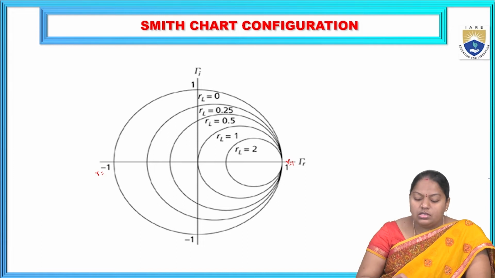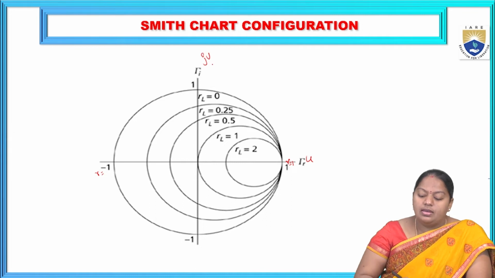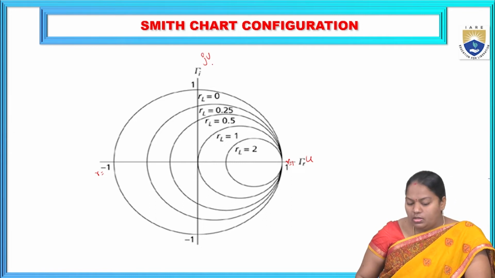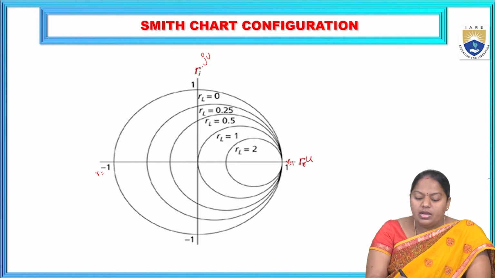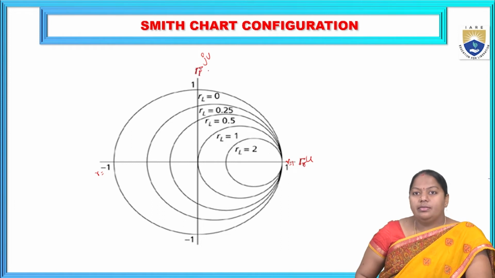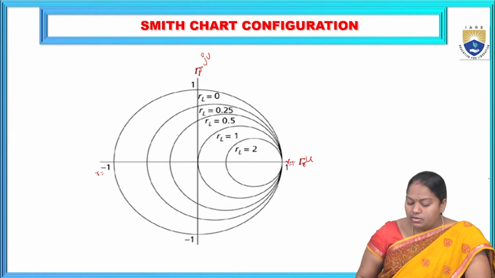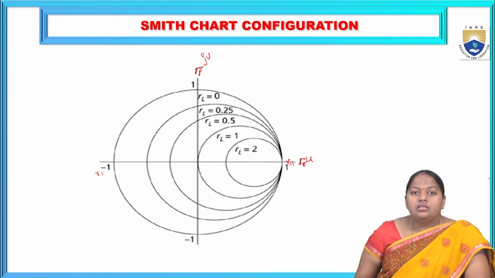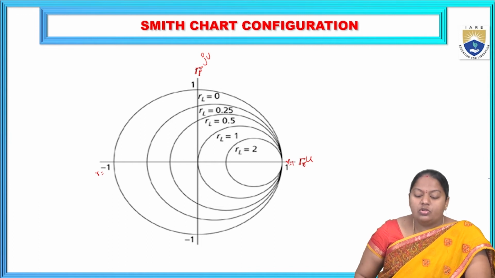Consider this as the gamma plane, the u axis, and this is the jv axis. It is the constant reflection coefficient plane, where gamma R represents the real part and gamma I represents the imaginary part. This is the way we will draw different values of R, and the constant resistance circles are to be represented on the complex reflection coefficient plane.